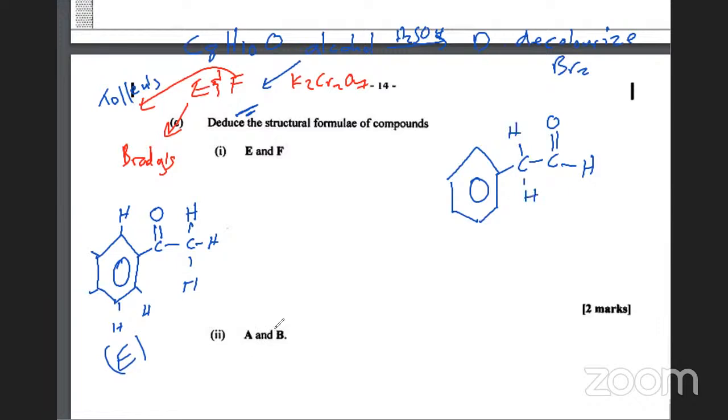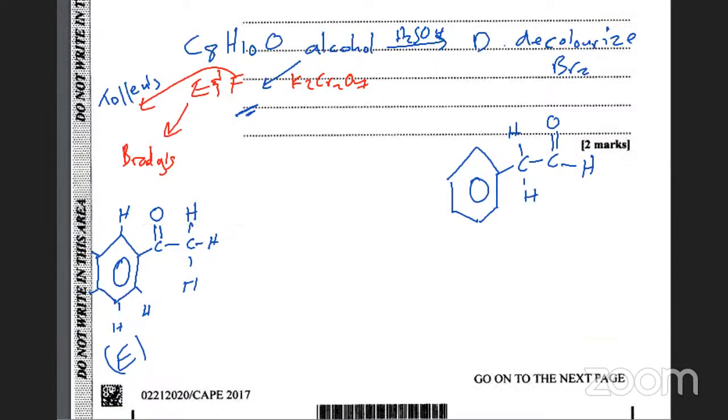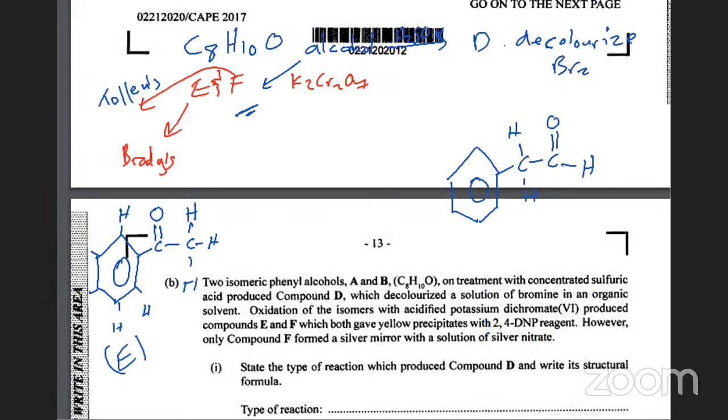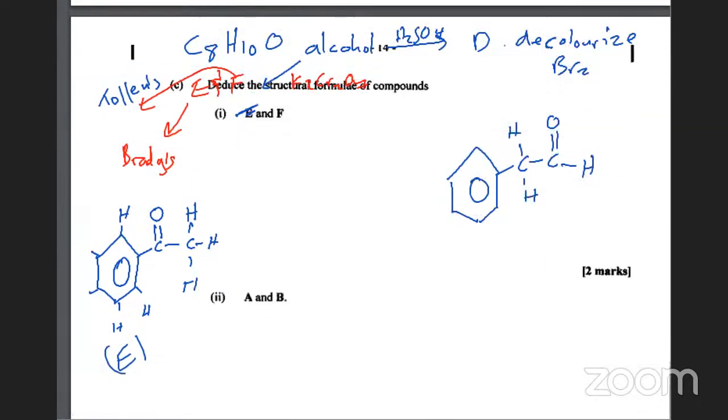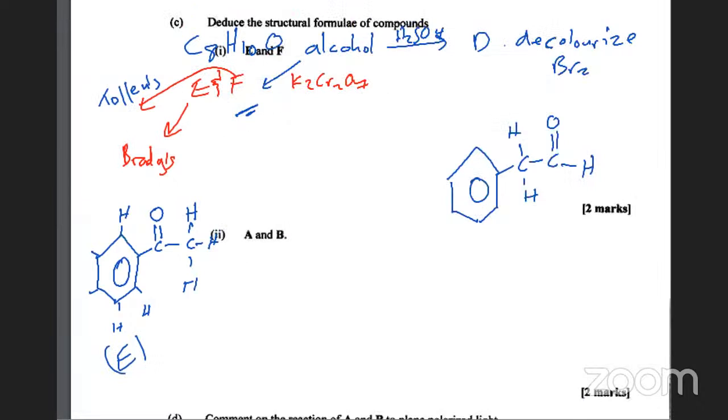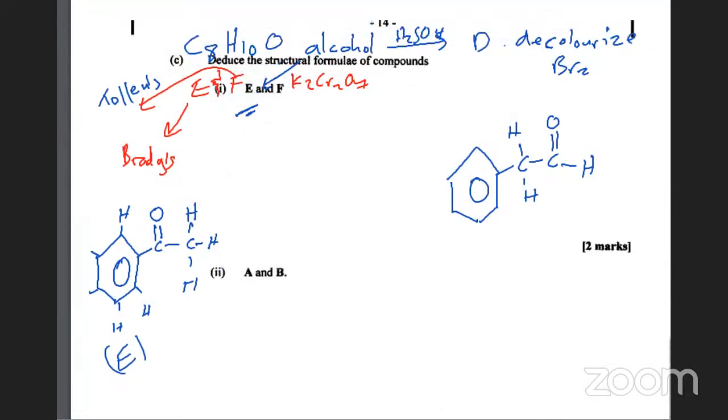And they're asking for compound A and B. Compound A would give you the ketone. Let me just check. Two isomeric alcohols A and B. Well, it doesn't matter. We just need to draw a primary and a secondary alcohol.